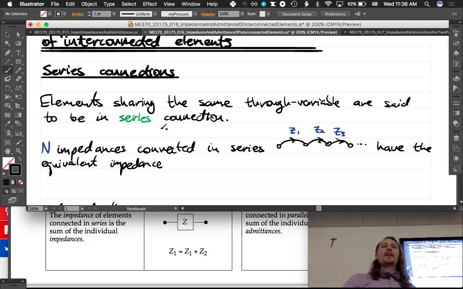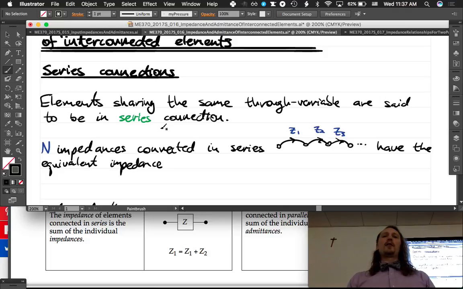The first way that they can be connected is in series. I'm going to define what I mean by series by saying that they share the same through variable. If they share the same through variable, they are in series.